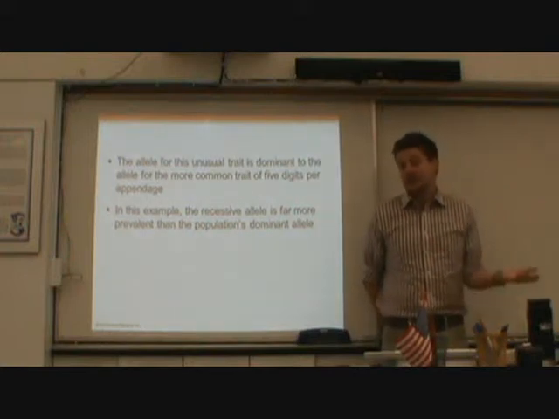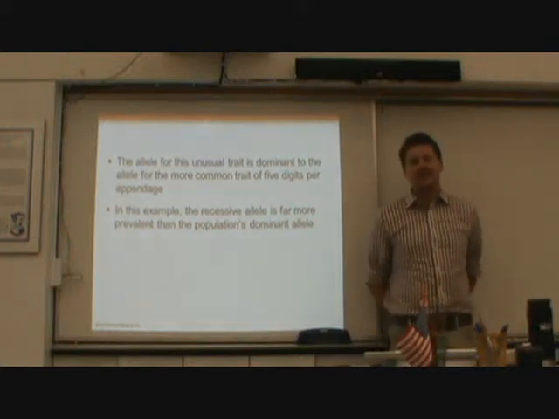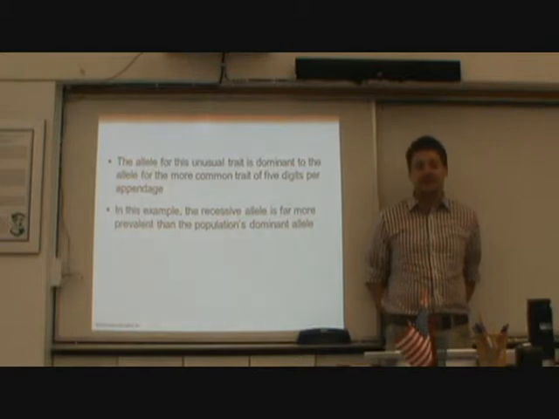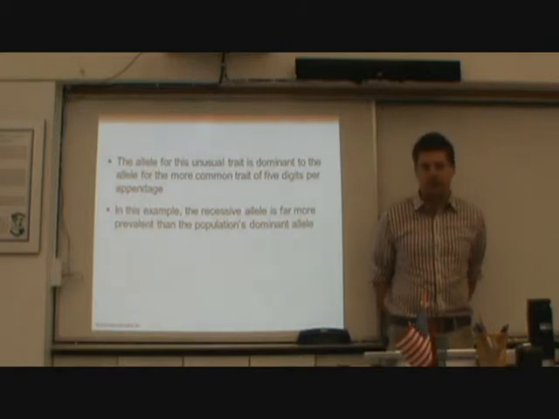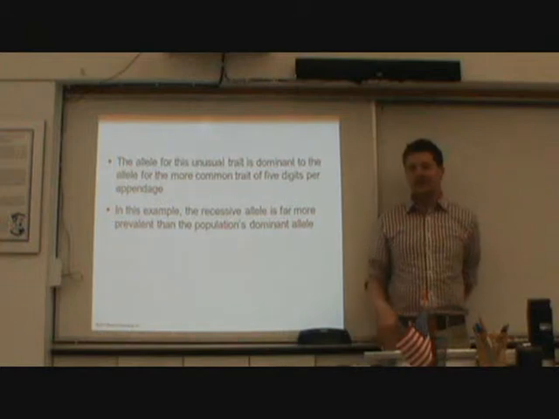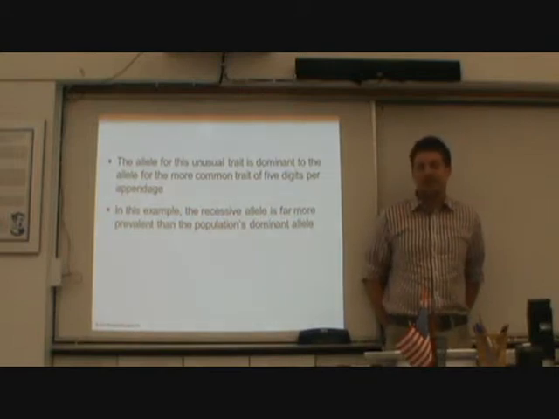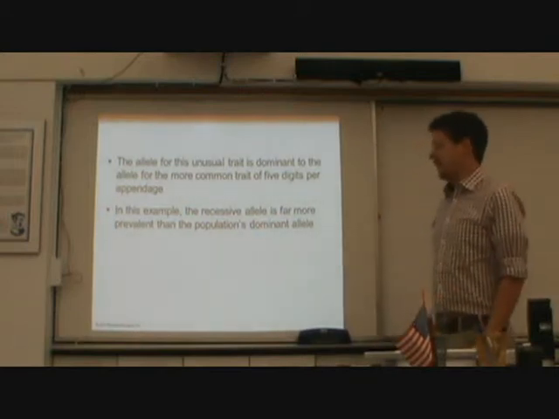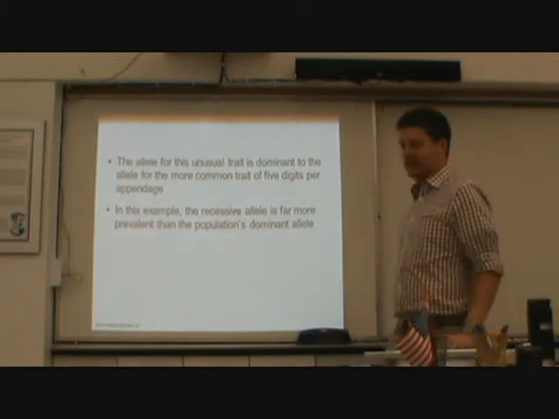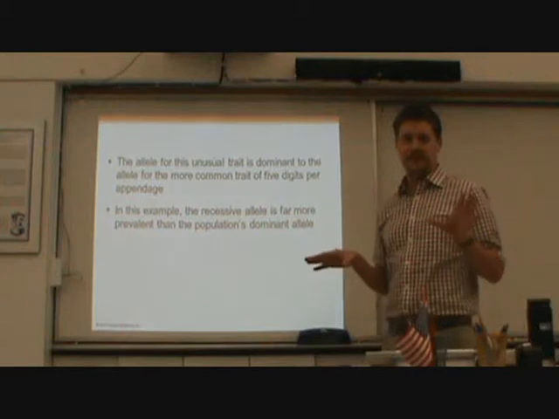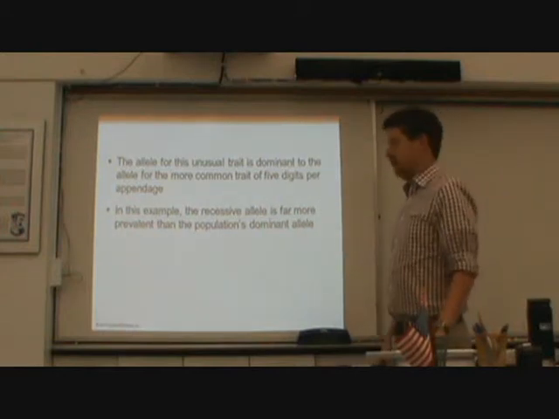But if humans were to find more than 10 fingers or 10 toes attractive, then that dominant allele could have been selected for and would have become more common, and you would have seen more children being born with more than 10 fingers or more than 10 toes. So anyways, that all has to do with the frequency of alleles, which doesn't affect dominance or recessiveness of an allele. Okay.